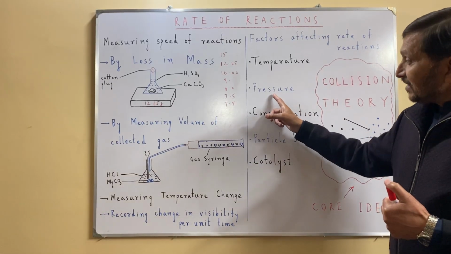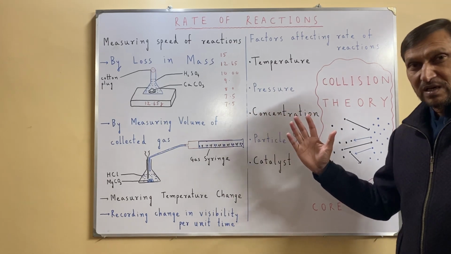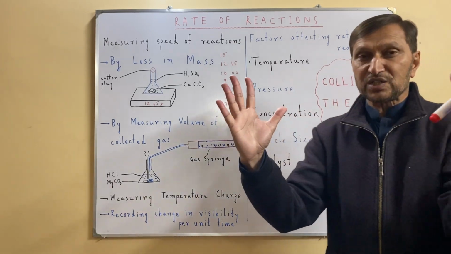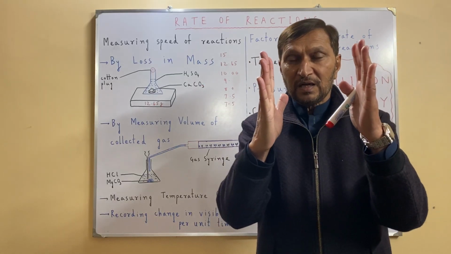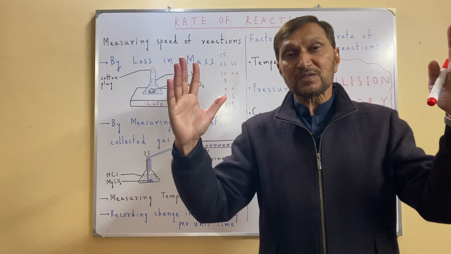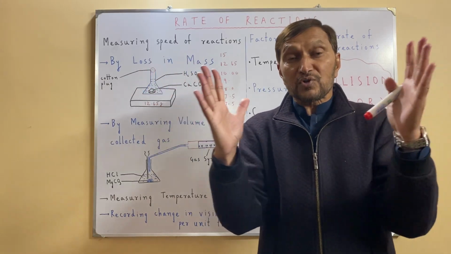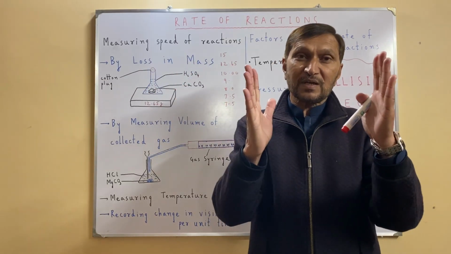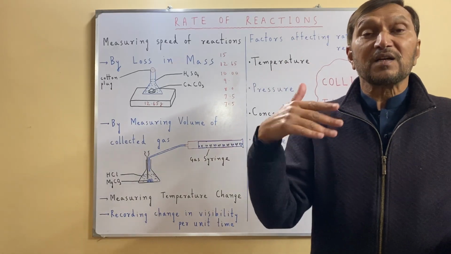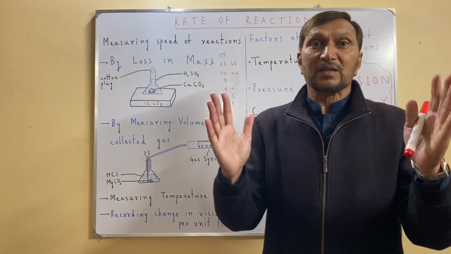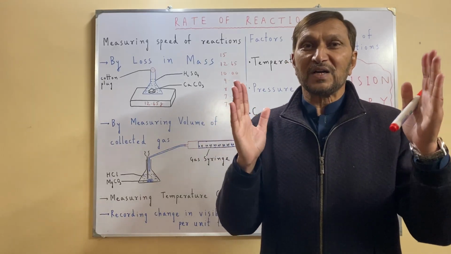Another factor is pressure. When we increase the pressure, the particles, the atoms or molecules of the reactants, will come closer, so there will be greater collision and greater effective collision among them.